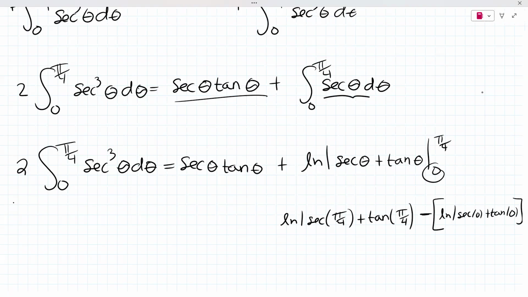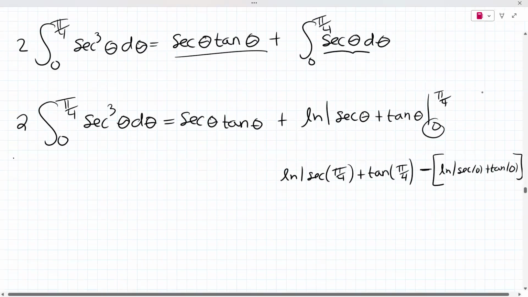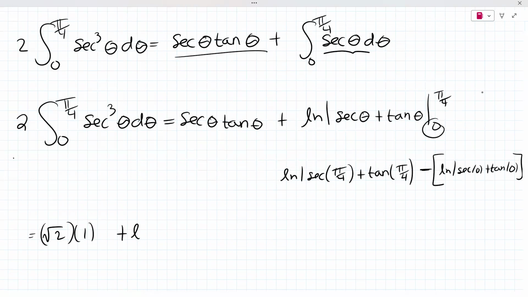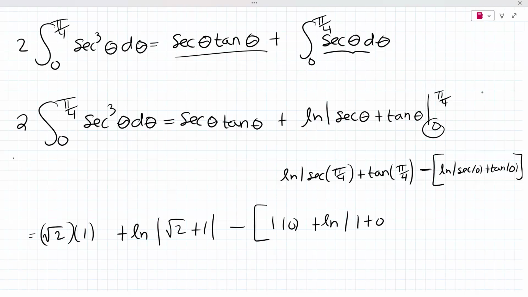And when you put it all together, you're going to get radical 2 times 1 plus ln of the absolute value of square root of 2 plus 1, minus bracket 1 times 0 plus ln of 1 plus 0.